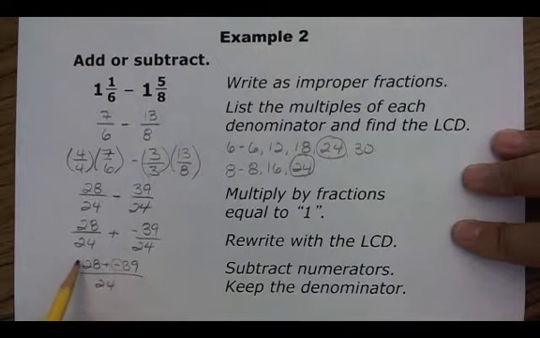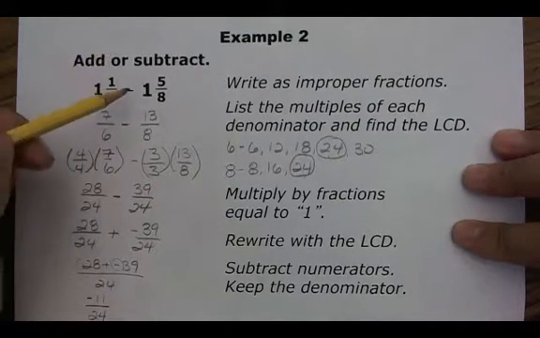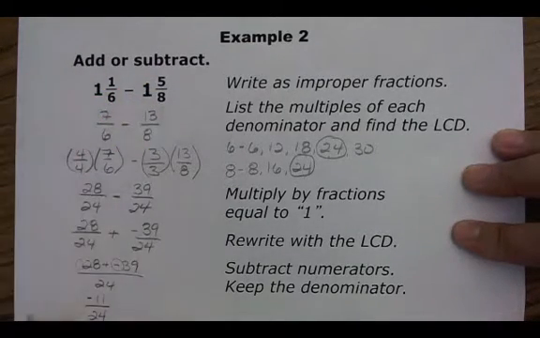This is a negative and this is a positive, so we have to subtract the numerators. In that case, it's going to give us 11. And since 39 is bigger than 28, it's going to be a negative 11/24. So 1 1/6 minus 1 5/8 should get us negative 11/24.